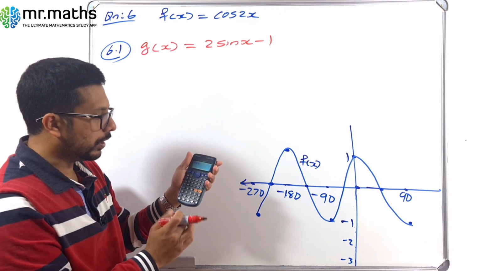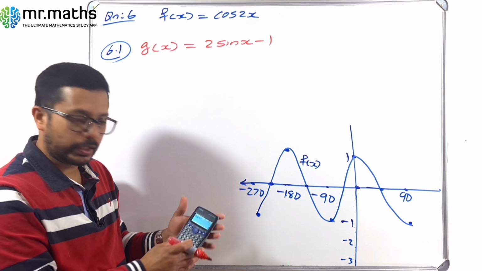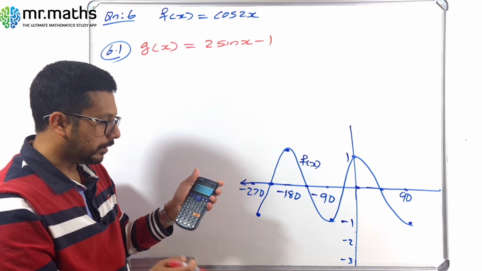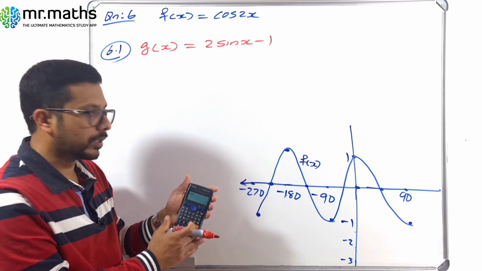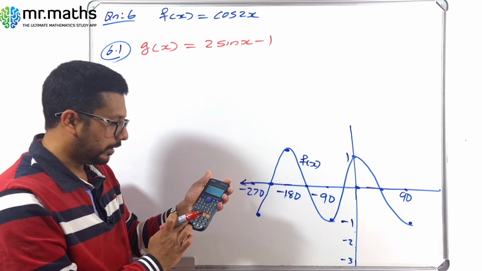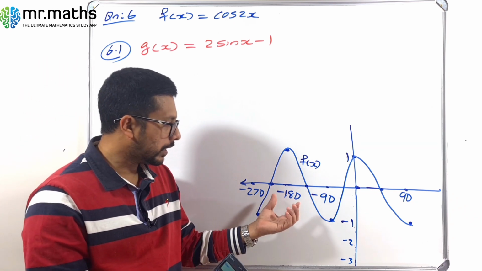Again equal, start means the domain start, minus 270. Equals. Now the end means the last number, that is 90. Equals, then step. Step means the interval.